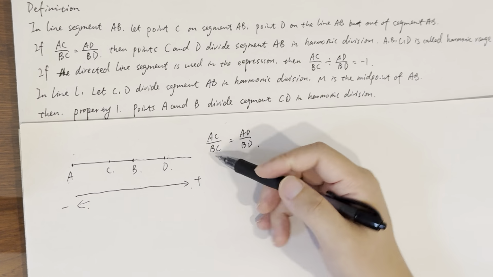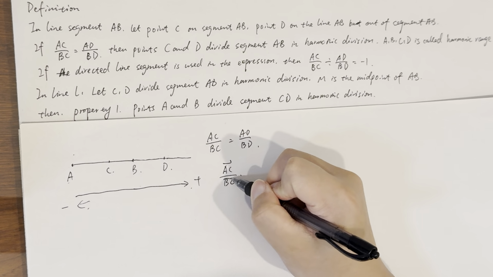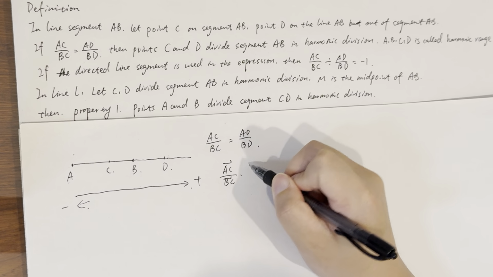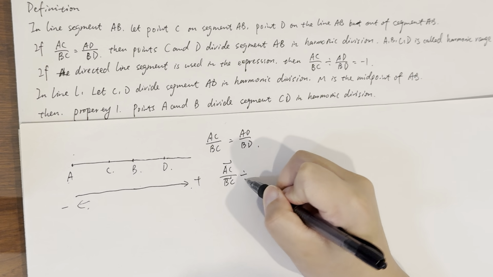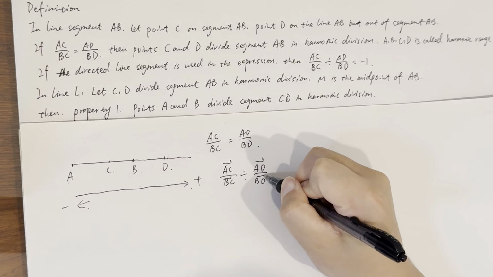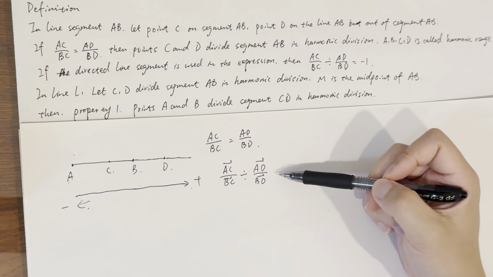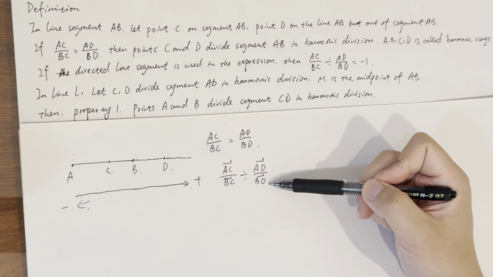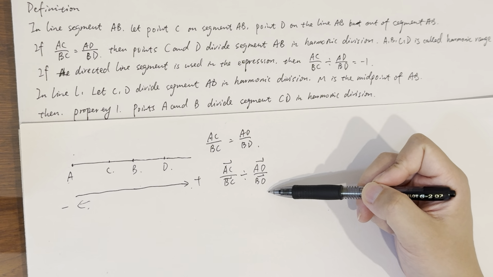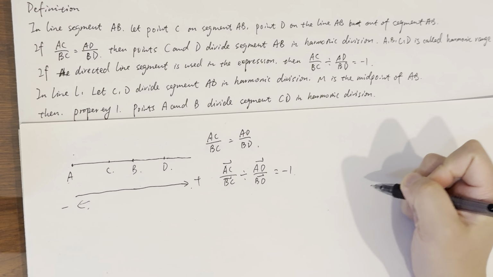So AC to BC divided by AD to BD: AC and BC are in opposite directions, and AD and BD are in the same direction, so this division gives -1.